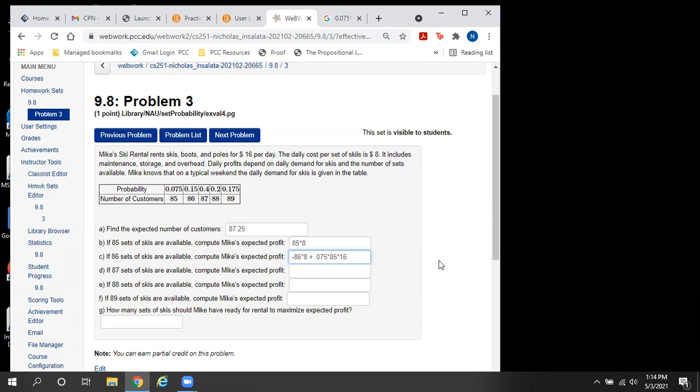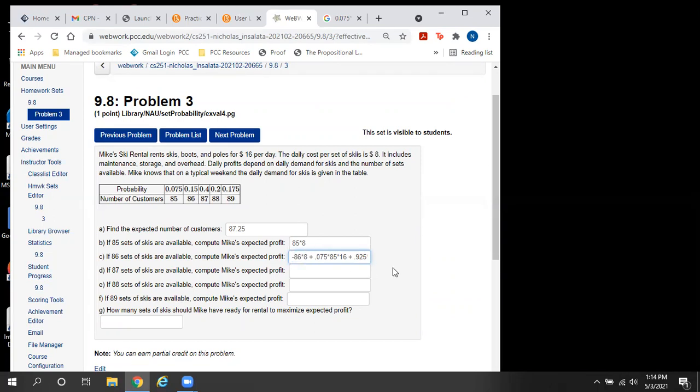That's how much money Mike will make if he rents 85 sets of skis, or there's a 0.925, or 92.5%, chance that he rents 86 sets of skis times 16 bucks per set. So you see what I did there? The loss is always going to be all 86 of them. Now there's a 7.5% chance that he rents only 85, 92.5% chance he rents 86 of them, and adding those up minus the total loss should give us the expected profit.